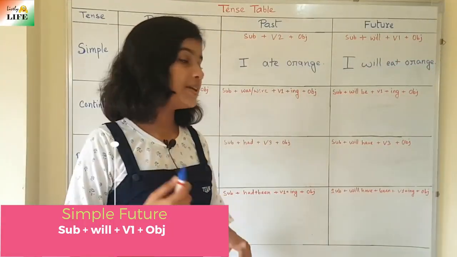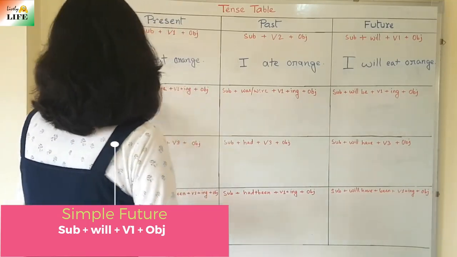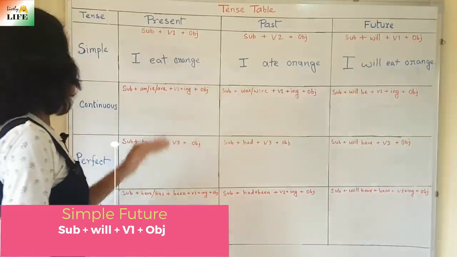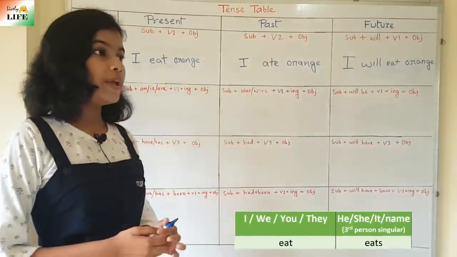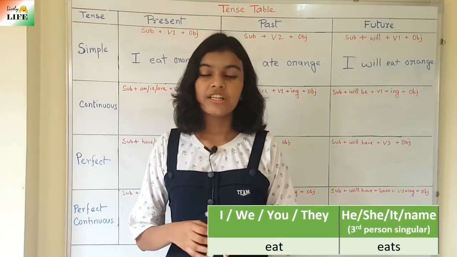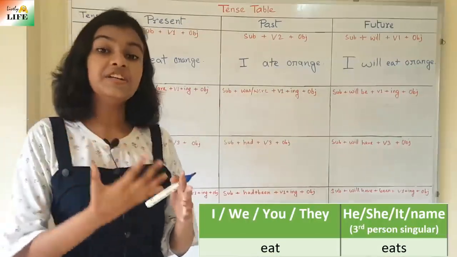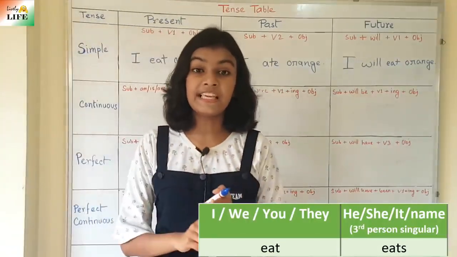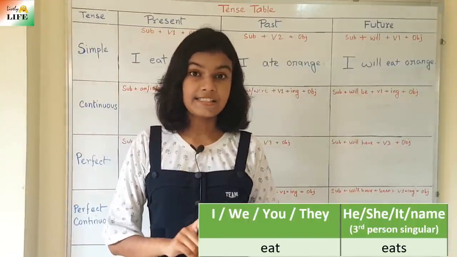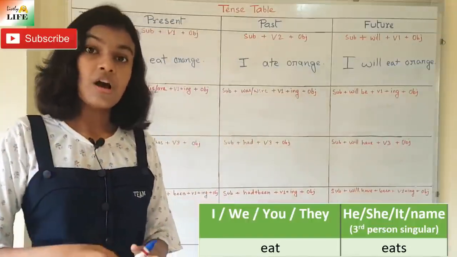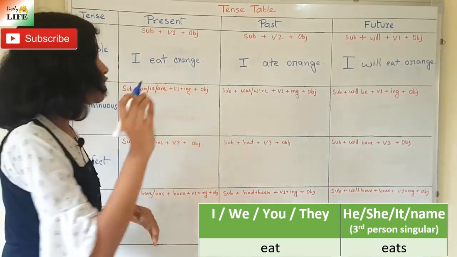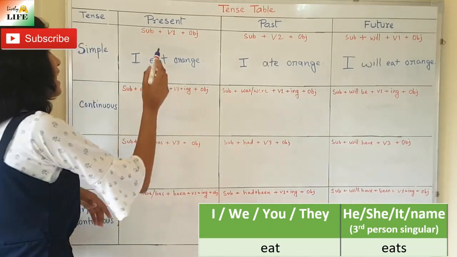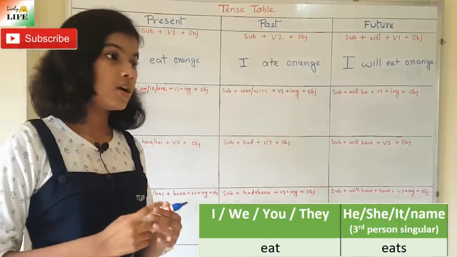Now here is the important point: in simple present tense, over here as subject we have used I, so we can use he, she, right? After third person singular forms like he, she, it, or anyone's name, yes, we do use V1 form, but after that we have to add S or ES.